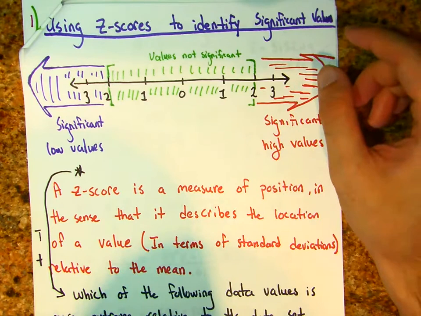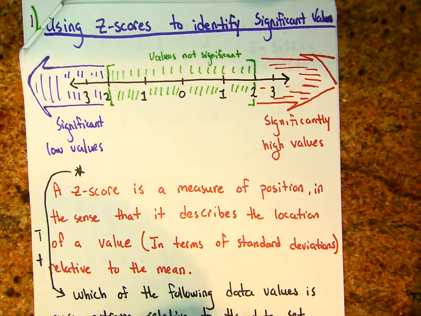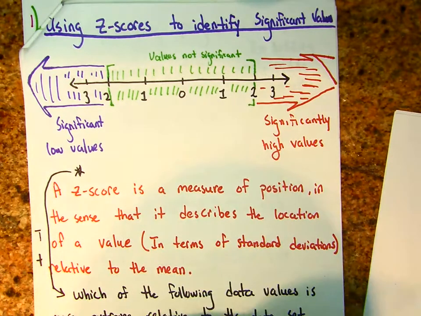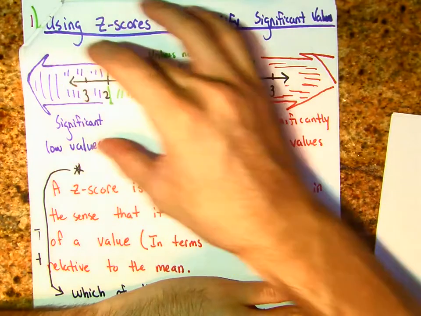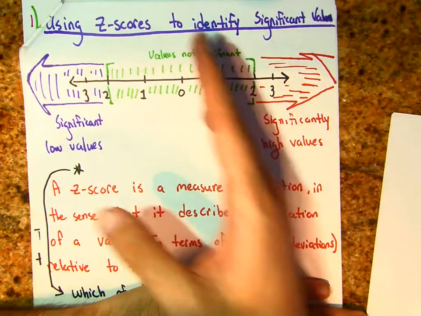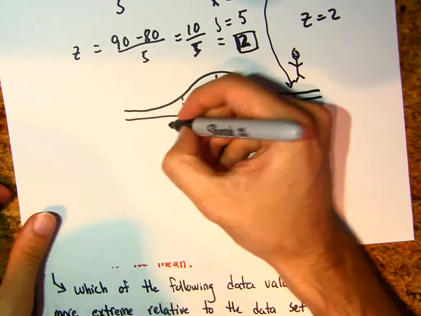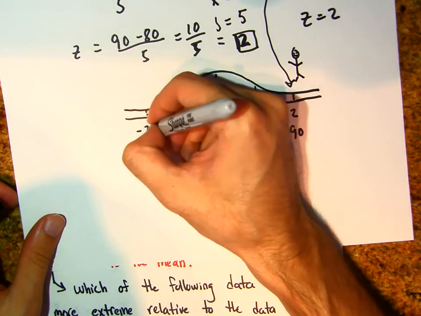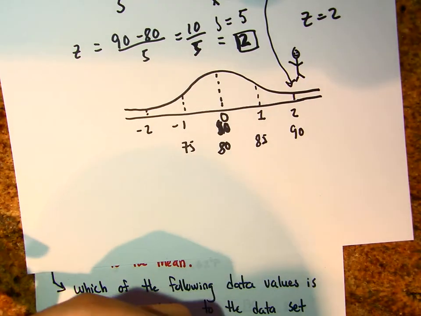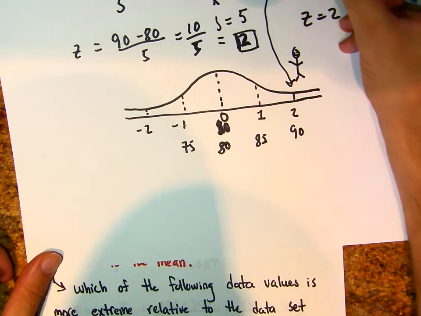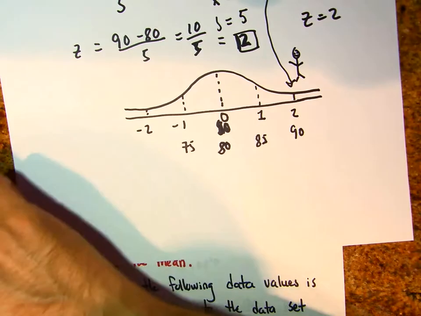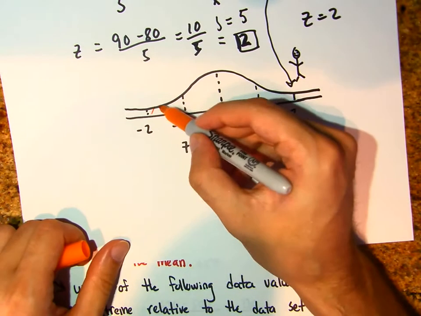So notice that using this example here, what I want you to do is just draw this visual, right? Notice that, for example, here, this is -1, this is -2. Imagine you're a student in the class, and you score somewhere over here.